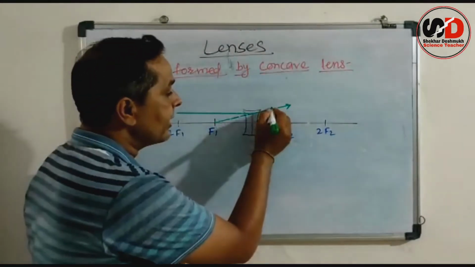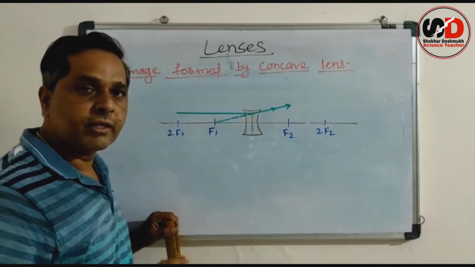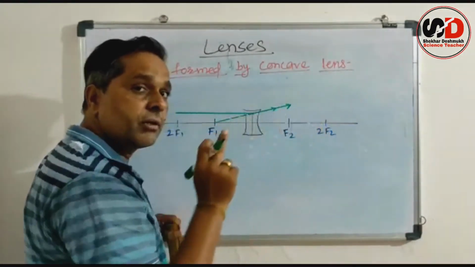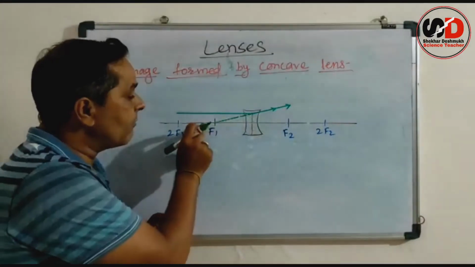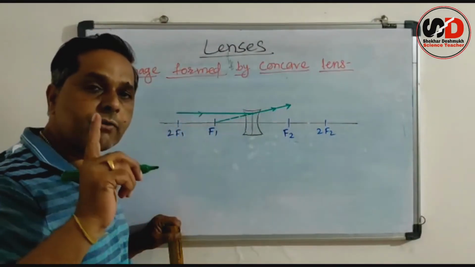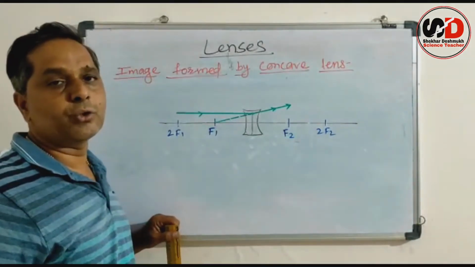So this is the direction after refraction. The light ray is going in this direction, only it appears to come from F1. So that is the first ray that we are going to use.